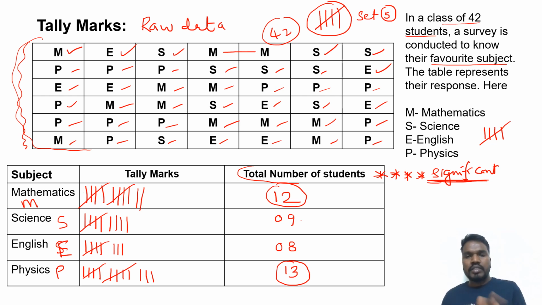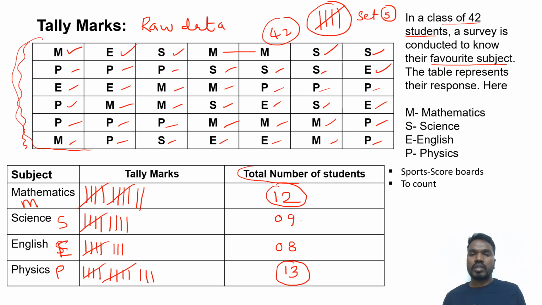So this is the way we represent the tally marks. Okay, clear? So generally we use this when you want to make a scoreboard, right? In sports when you are playing cricket, if you want to note the runs, we generally use these tally marks to count. So this is a general way we represent.